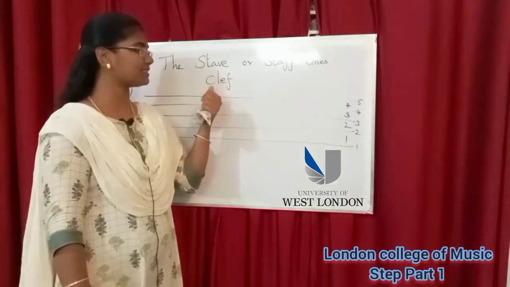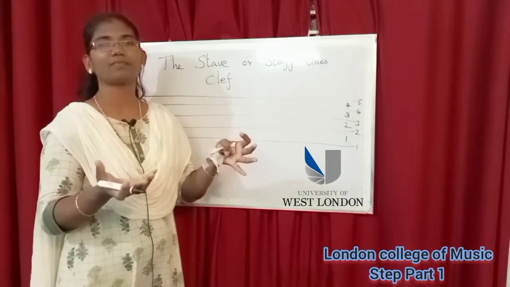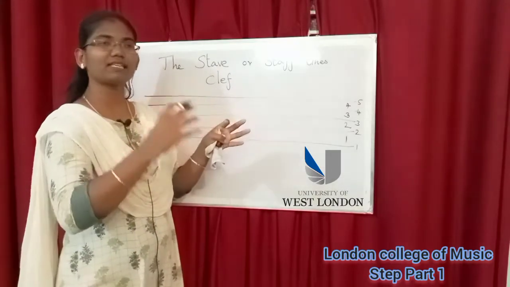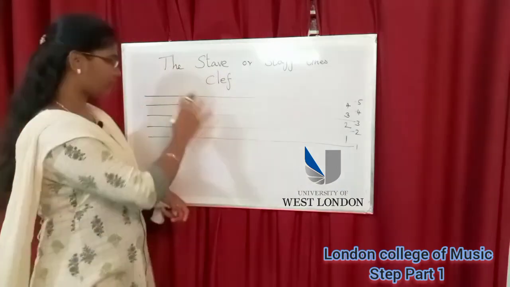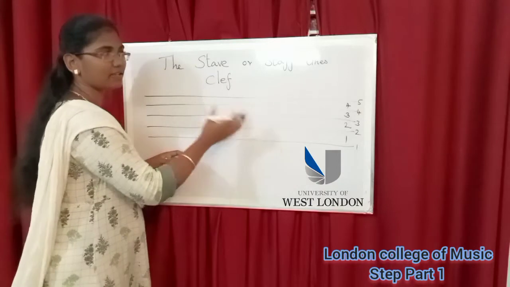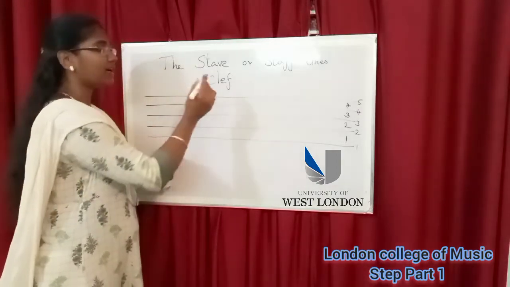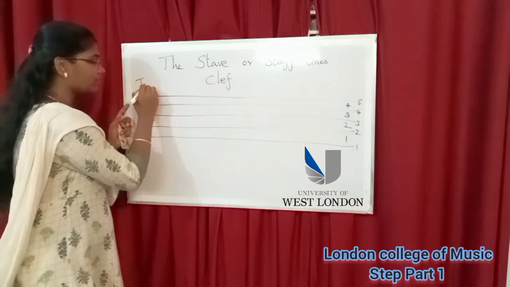So the clef denotes which hand plays the sound. Using the right hand or using the left hand, we have to play that line. If you have to play this line using the right hand, they will give the treble clef.